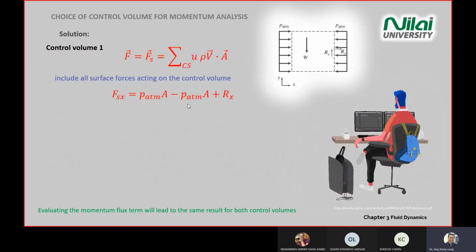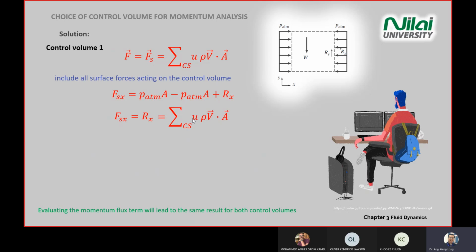So we arrive at this surface force in the x direction. Then you cancel out these two terms and arrive at Rx. Then you have solved for the force on the left hand side. Then you continue with the right hand side.